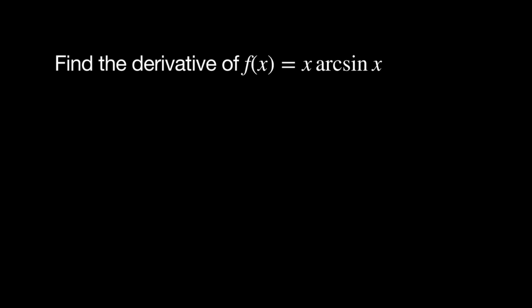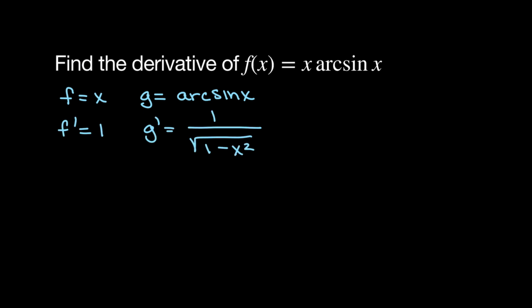So let's see if we can find the derivative of f of x equals x arc sine of x. This is a product. The x in front is being multiplied by arc sine of x. So I'm going to have to use the product rule. I'll let my f equal x, and g is arc sine of x. Then f prime, the derivative of x, is 1, and the derivative of arc sine, well, we just learned that, that's 1 divided by square root of 1 minus x squared.